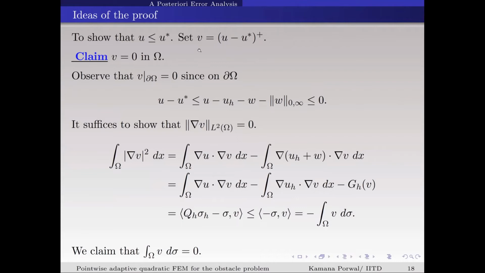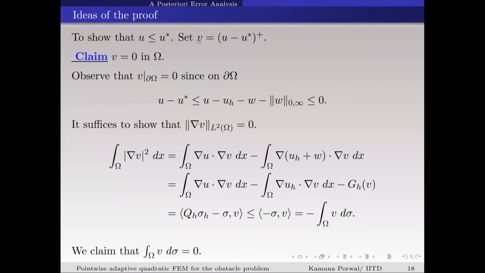So let's make some observations about this function v. We have that u is in H1 omega, and u upper star is also in H1 omega, and we know that the positive part of an H1 function is again in H1 omega. So v is in H1 omega.